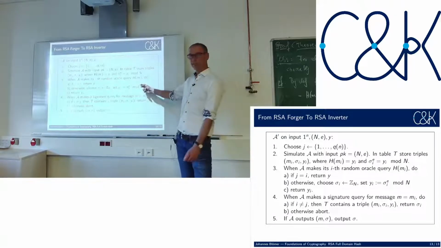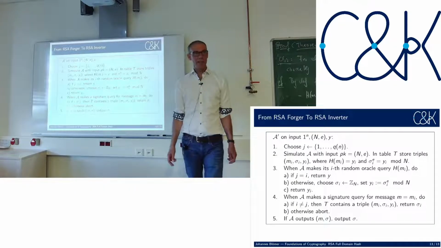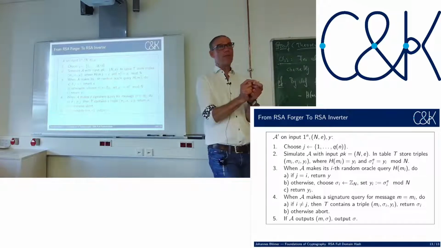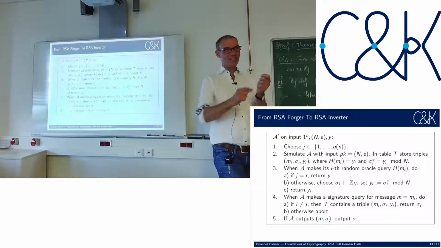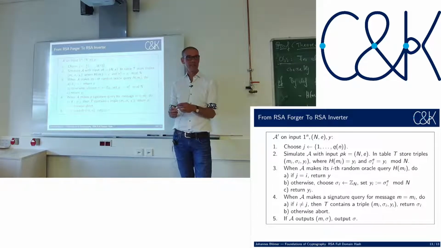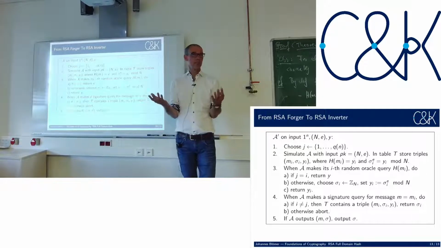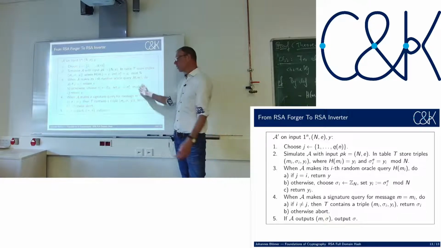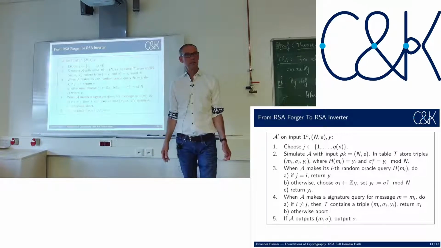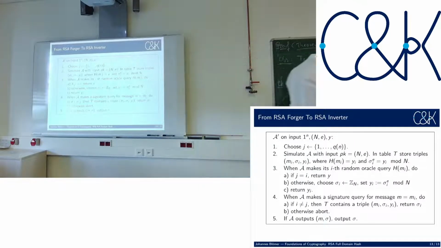So at these points here, we were cheating. We were cheating in answering these queries by first finding the signature, then exponentiating it so that we get the right thing to answer for the hash value. And this worked because raising things to the eth power is a bijection, so that the distribution is correct. Sigma to the e.